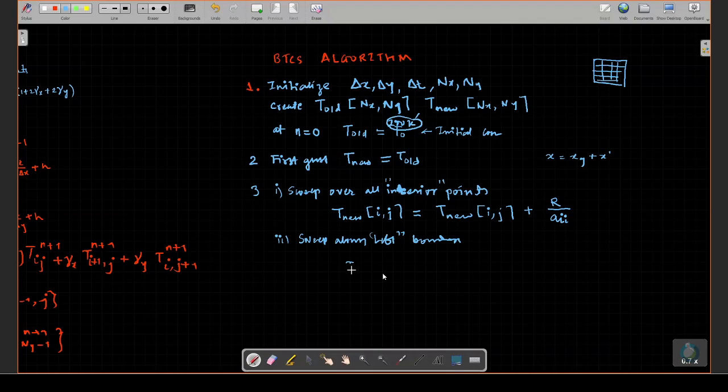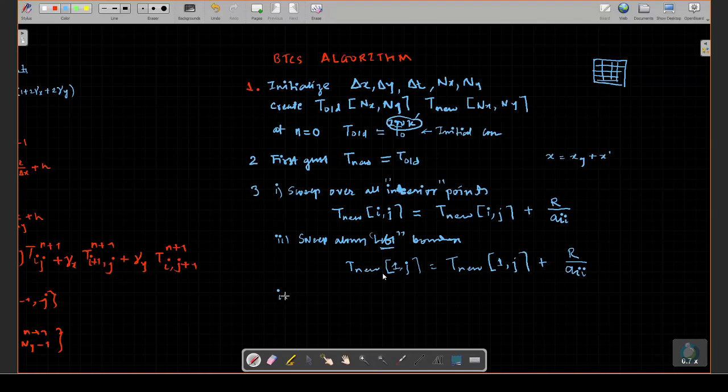Even in the left boundary, T new, here your i is fixed: 1j, not ij. T new 1 comma j equals T new 1 comma j plus R of equation 2, left, divided by aii of the equation for the left boundary.